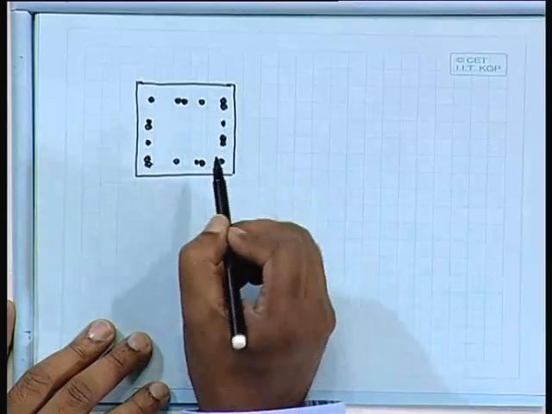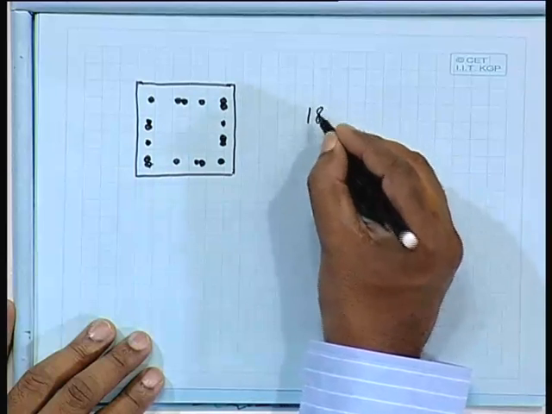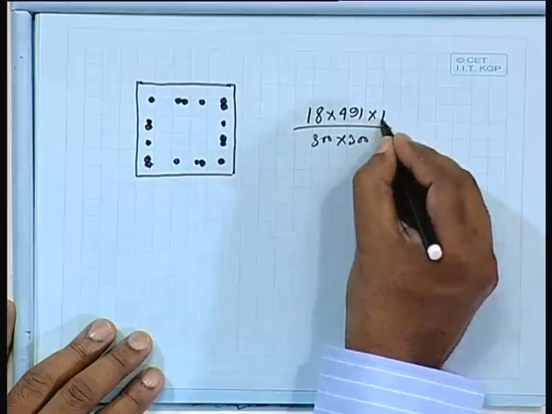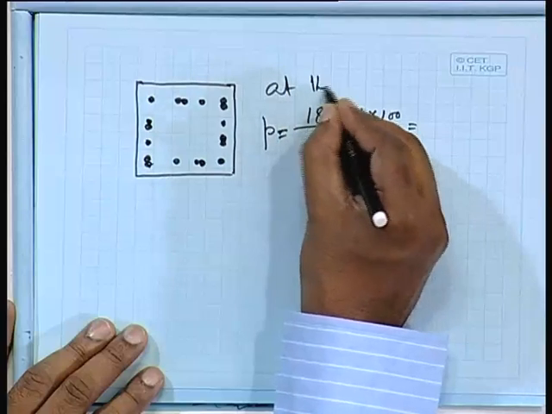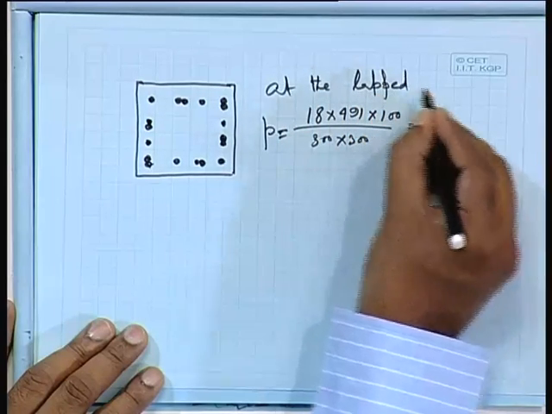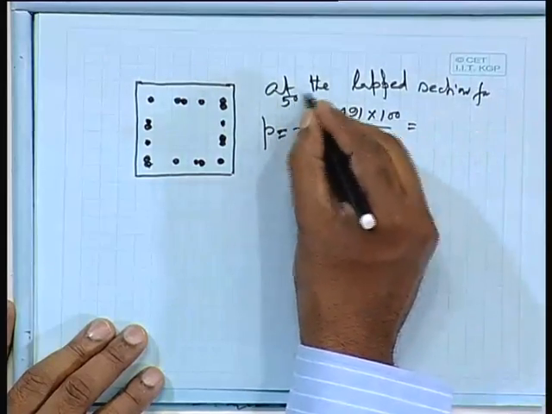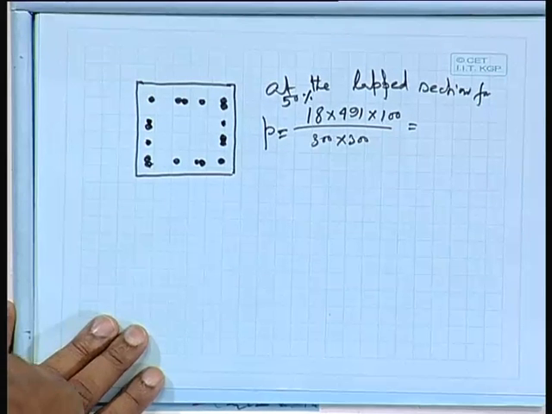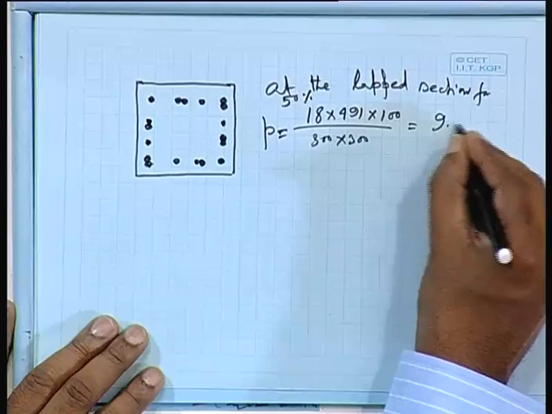So, here at a particular section you are having 18 bars. If you have 18 bars, 18 into 491, the percentage of steel becomes, at the lapped section where you are providing lapping for 50% of the bars, let us be specific, we are getting here .82%.